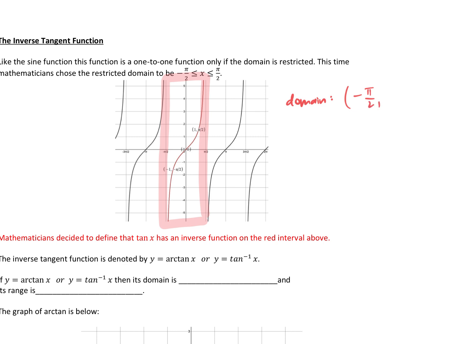Negative pi over 2 to pi over 2. And we put parentheses around that because why? There's asymptotes, right? So I can't actually touch the value at negative pi over 2 and pi over 2. And then my range, that's my y values, so that's all the way from negative infinity to positive infinity.